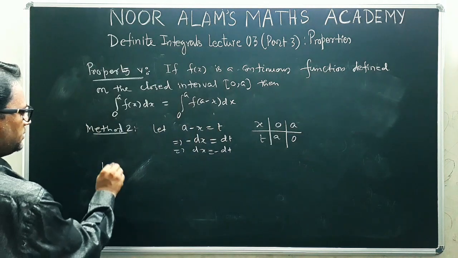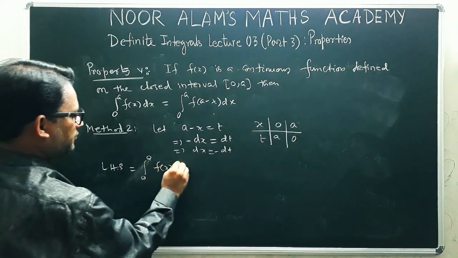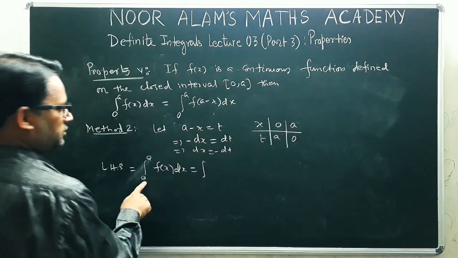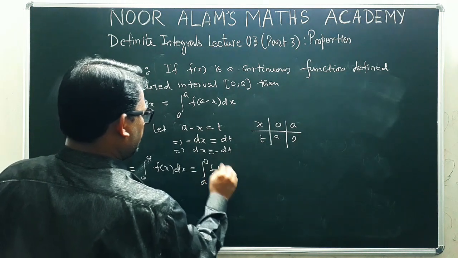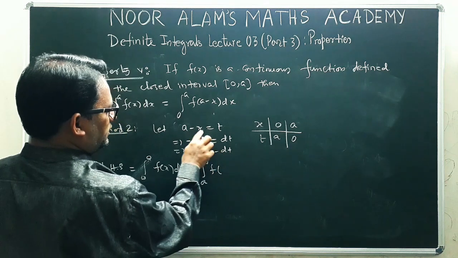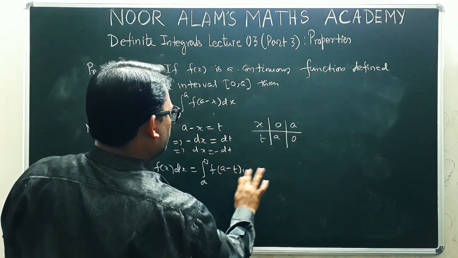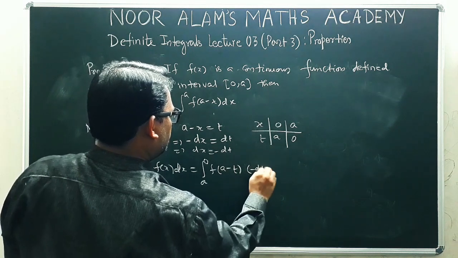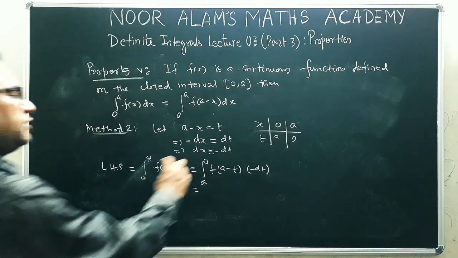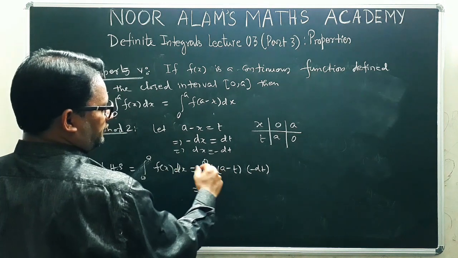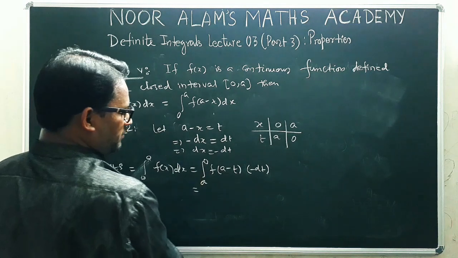Now LHS is the integral from 0 to a of f(x) dx. We can write this as the integral from a to 0, where x is equal to a minus t, so f(a minus t), and dx is minus dt. Now we know that if the limits of a definite integral are interchanged, the value changes by a minus sign only.